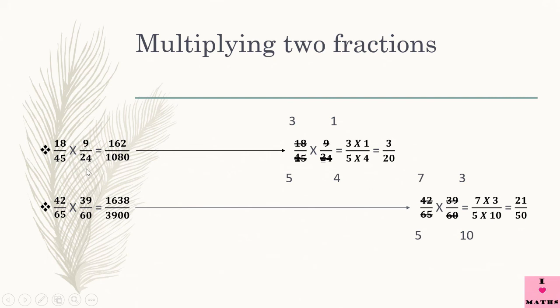Now, there are many ways to do that, beta. One way is, 18 and 45, both of them come in the table of 3. So we divide 18 and 45 by 3, and 9 and 24 also come in the table of 3.